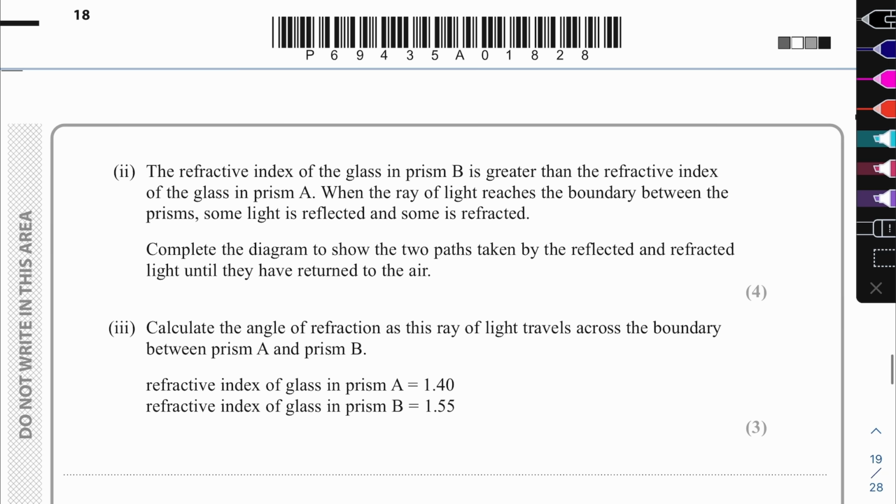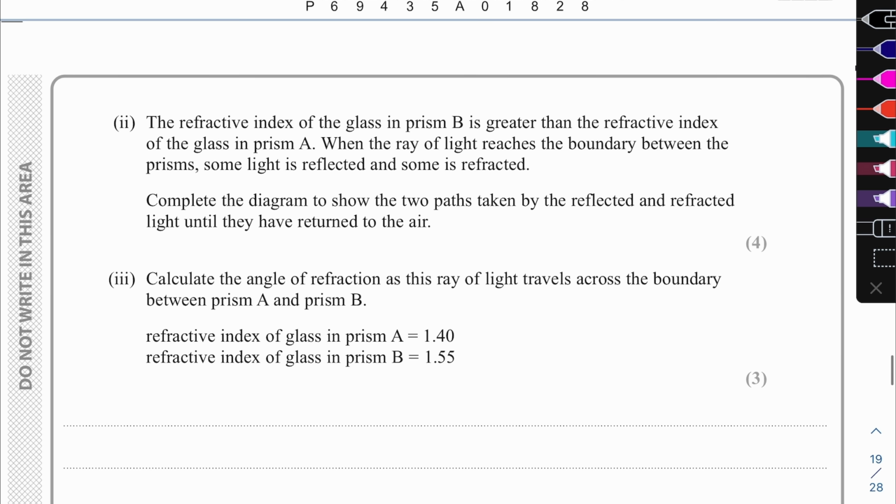Let's go to part B, or II. The refractive index of glass prism B is greater than the refractive index of glass in prism A. So n of B is greater than n of A. So this is the optically denser prism, or denser material, which is this one.